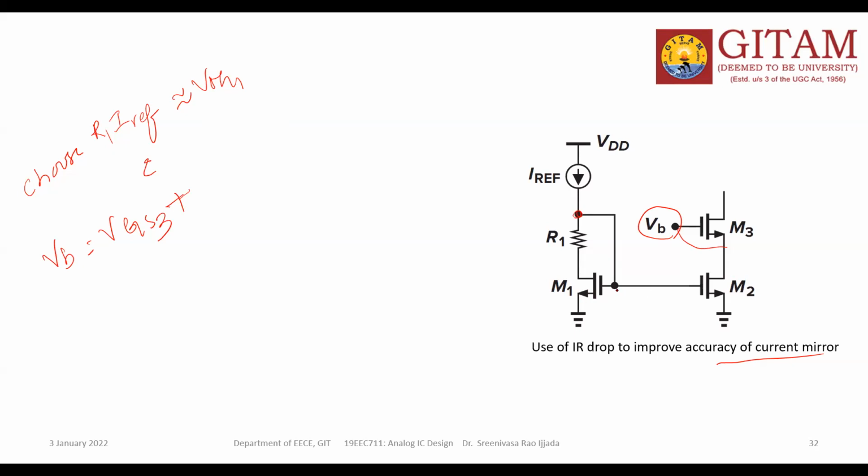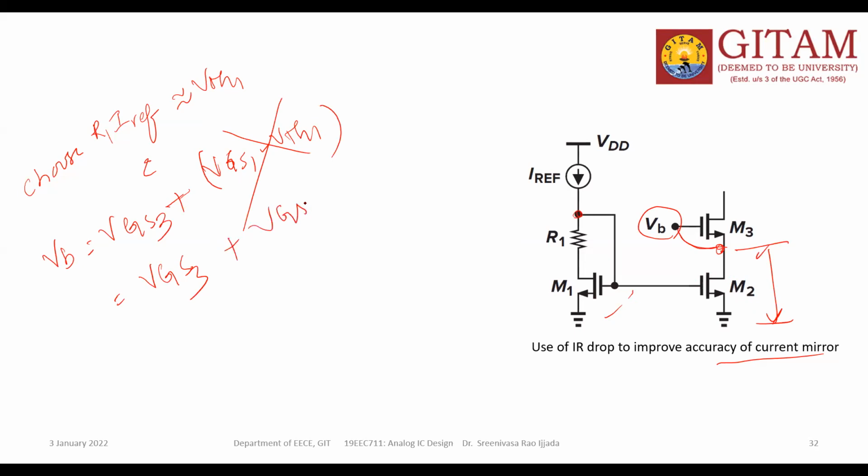The voltage here and here is the same. So you can say VGS1 minus VTH1. Or in your language, cross it, you can write as earlier VGS3. This is VGS3, and this voltage is nothing but the overdrive voltage. What is VGS2 minus VTH2? So plus VGS2 minus VTH2.